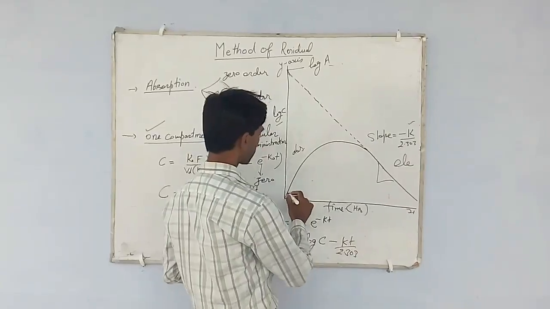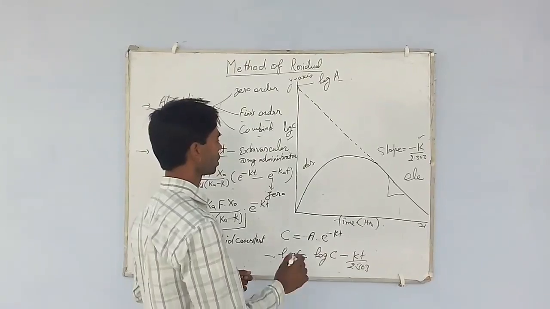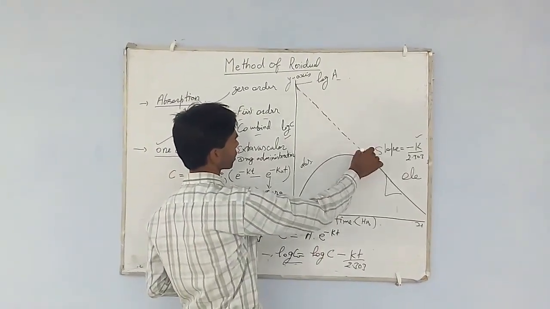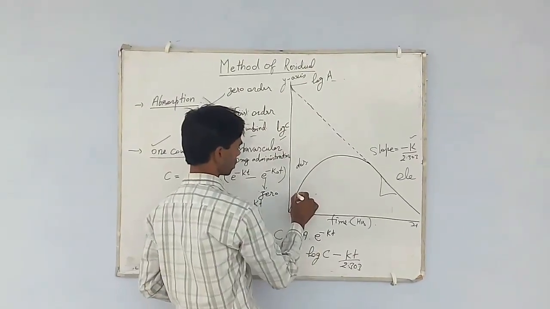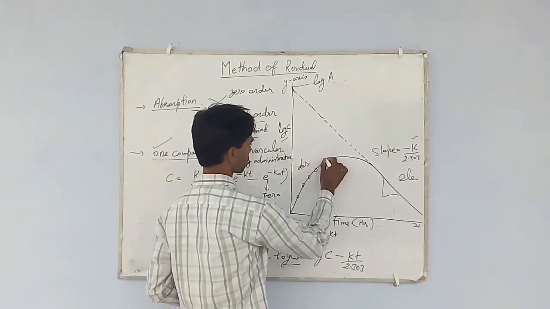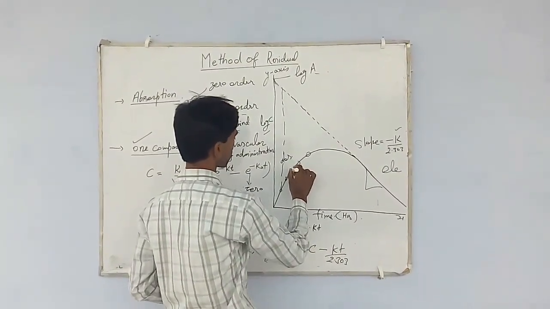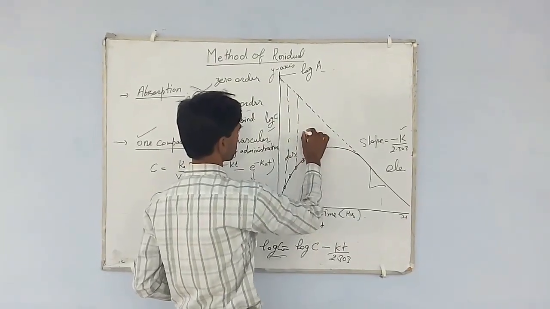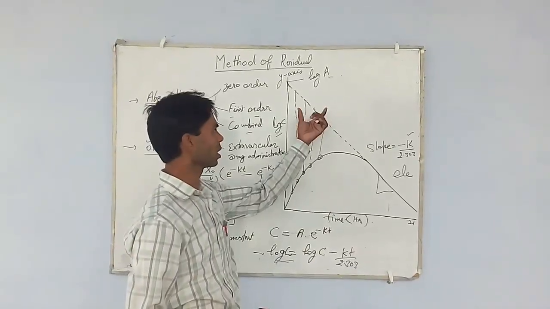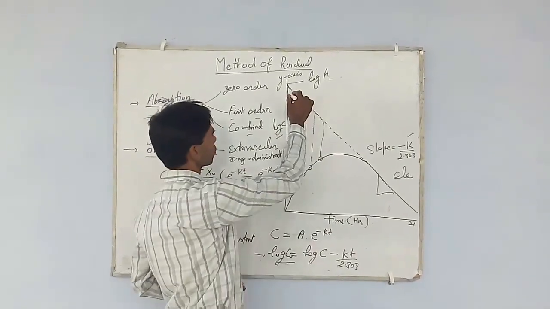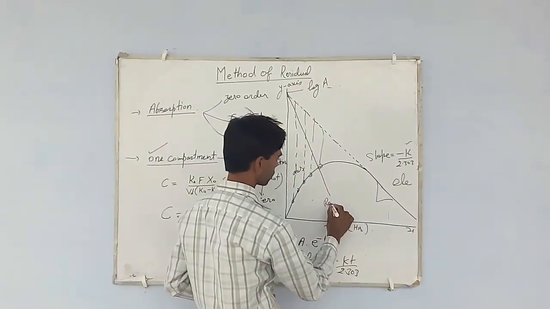Then the actual data of the absorption phase is differentiated from the back extrapolated line, with the points extrapolated to the extrapolated line. The difference between the actual absorption data and the extrapolated data is used to draw the residual line.